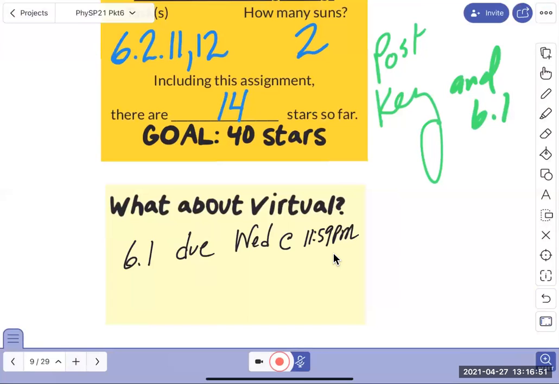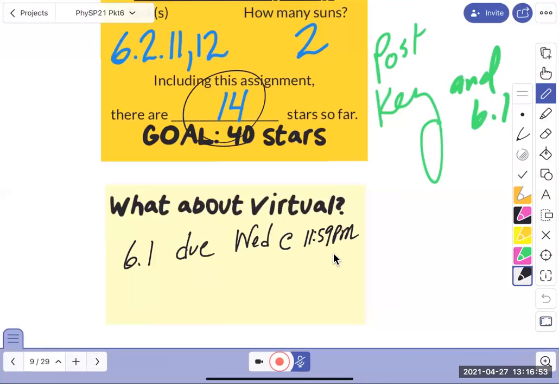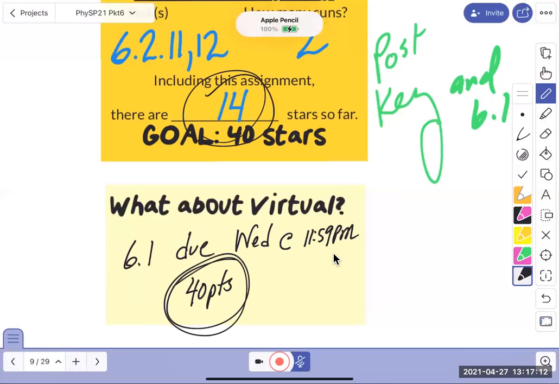Well, 14 stamps so far, and some of that includes 6.2, but as far as points go, we're looking at 42 points. So I'm going to make it 40 points. That's a lot. So 40 points for you virtual students to submit it. Don't submit it yet because I have to add this to your virtual assignments.